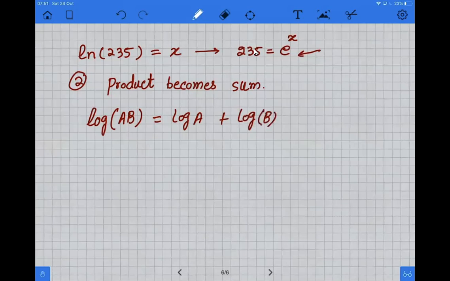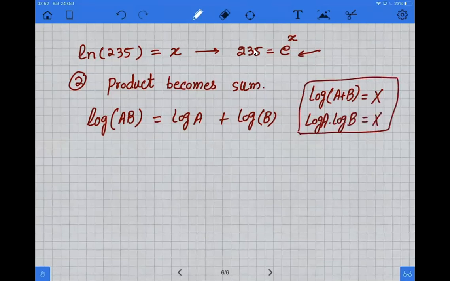However, you cannot open log of a plus b. This rule will not apply here. And if you have log of a into log of b, then this rule will not apply here as well. This rule is for log of a into b when a and b are multiplied. So the rule is not for these two.